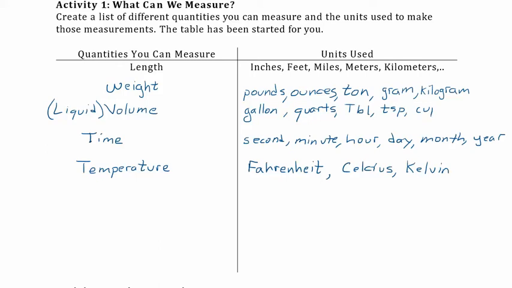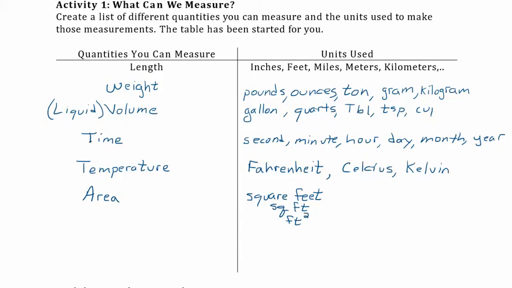Maybe some of you came up with area. Right? We could measure area. We measure area in square feet or square units. I'm just picking square feet as one possibility. I'm going to write it out like that, but you might also see it written SQFT for square feet, or you might see it written feet squared.